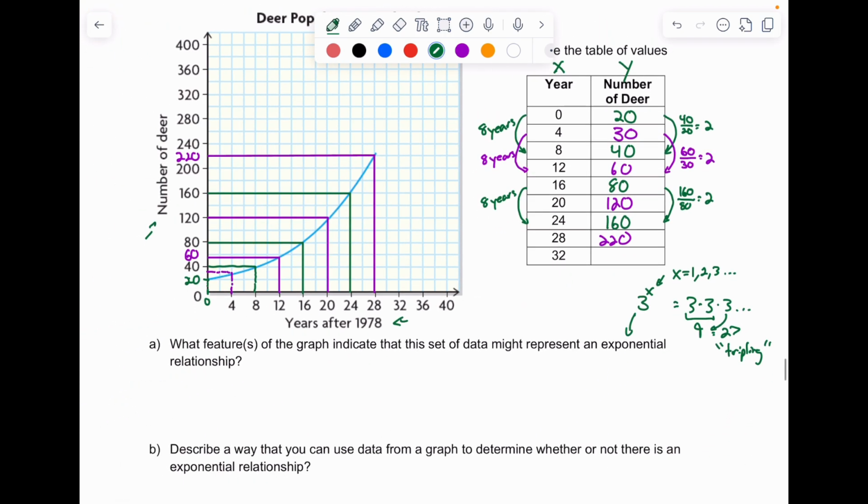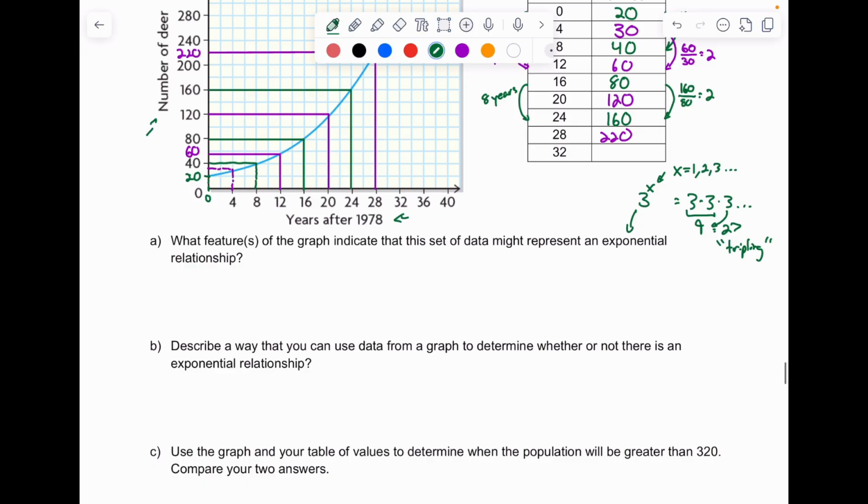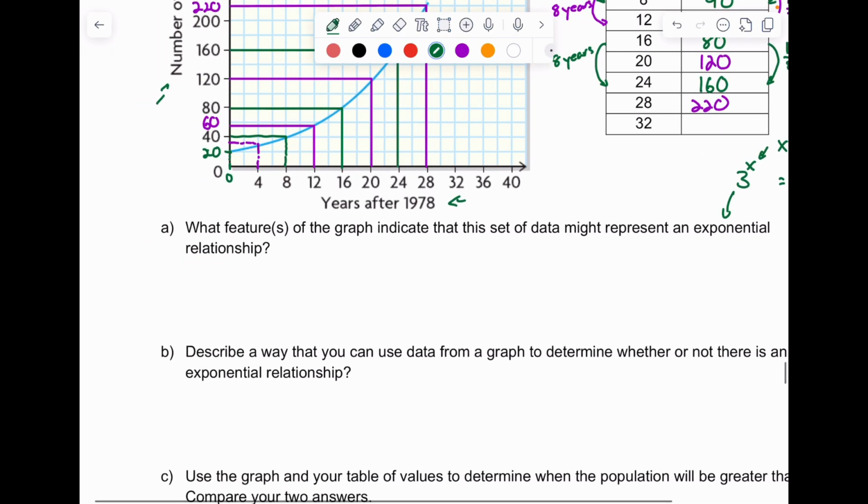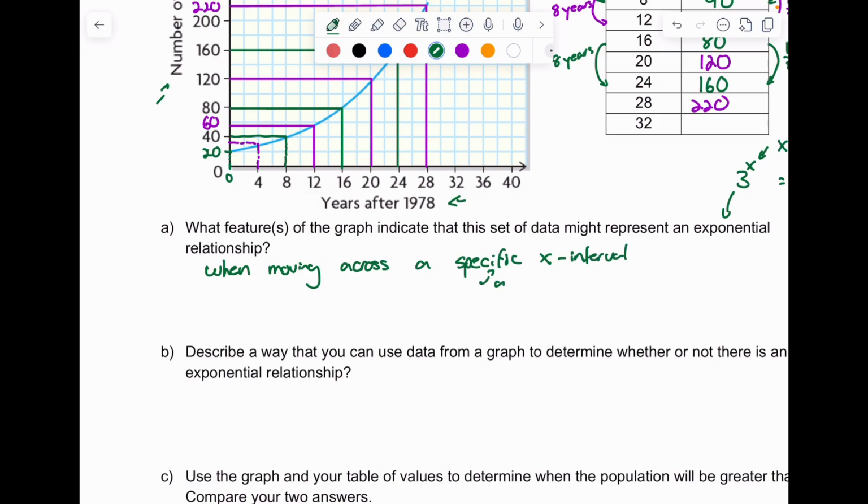So if I answer question A, what feature of the graph indicates that the set of data might represent an exponential relationship? Well, when moving across a specific x interval, okay? When I say specific, this could be anything, right?